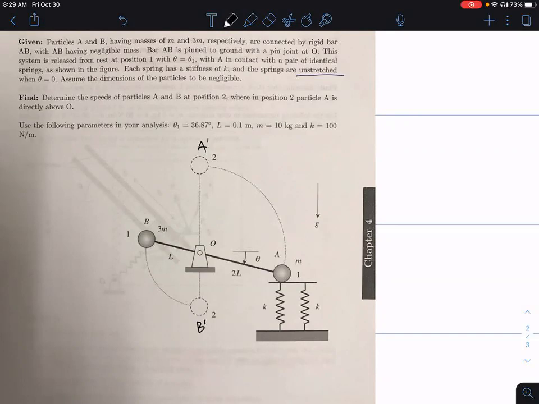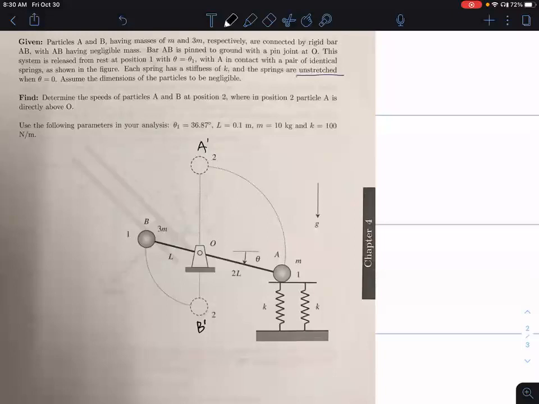Right now you have to make a choice. Should I draw my free body diagram based on position 1 or position 2? A suggestion here is to look at which position is going to have the most forces on your free body diagram. In this case, position 1 has more forces, which is that spring force.